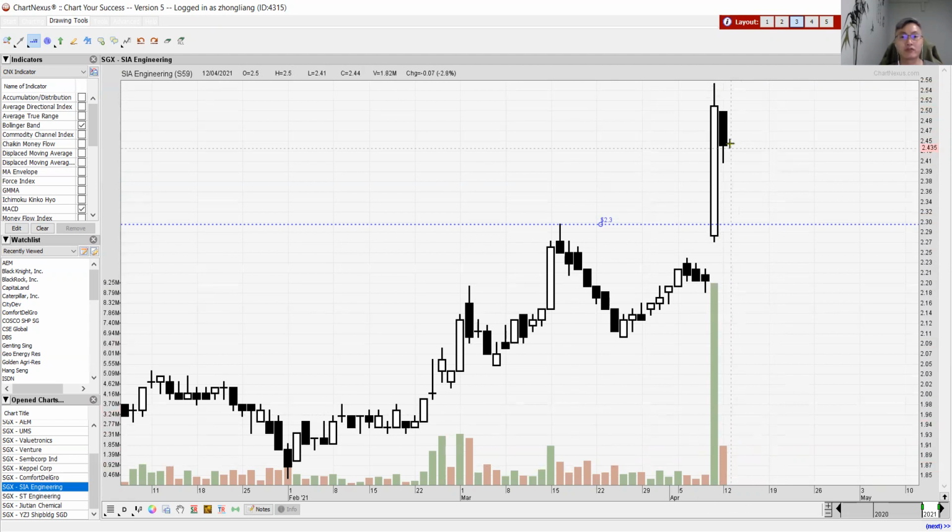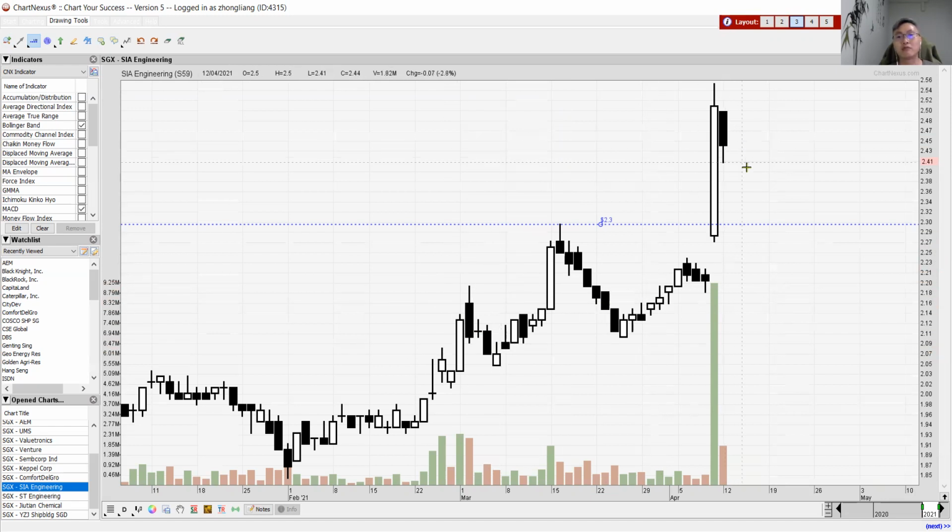So it's very natural for the market to take profit, especially with such a long rally or long white candle, so to speak, a strong rally. And then, of course, they would like to realize some of their profit. As you can see, on many occasions for SIA Engineering, we have this pullback after the strong white candle rally.